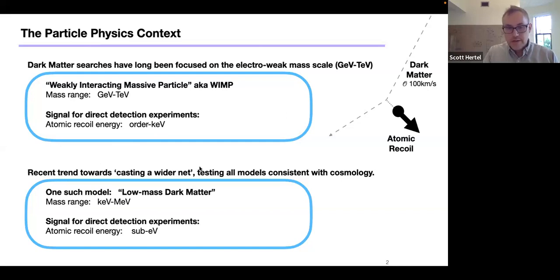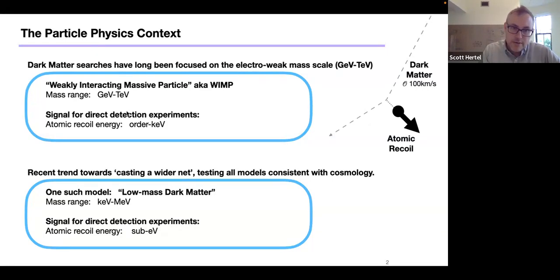Over the past decade or so, there's a new trend. People are gradually realizing that we need to be looking everywhere we can for dark matter. We need to test all models that are consistent with cosmology.